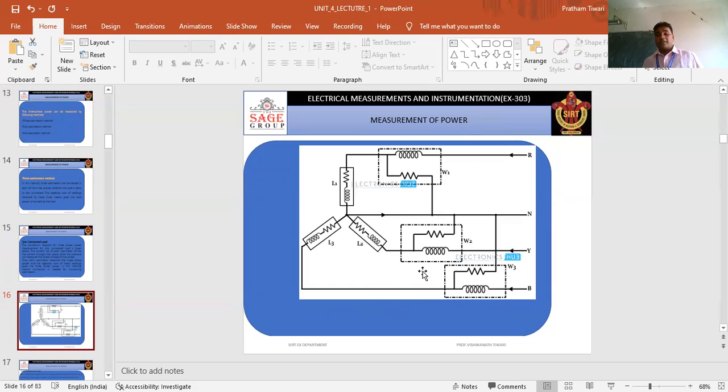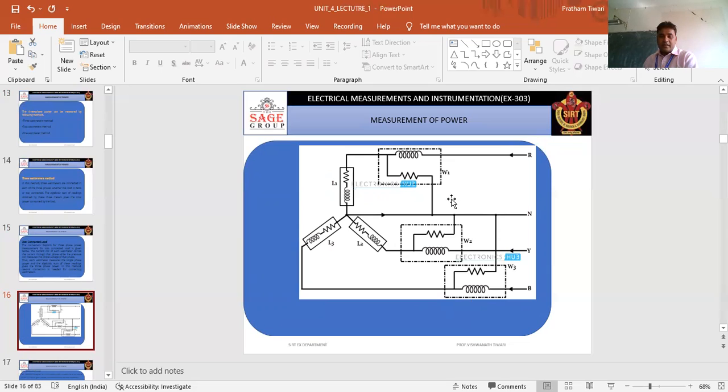Again, next wattmeter: you have to see in the circuit, the second wattmeter's current coil is always connected in series, and the PC pressure coil is also connected to the common point N. And this is the third wattmeter, whose CC is connected in series with the Y phase, and PC is connected again to the common point N.